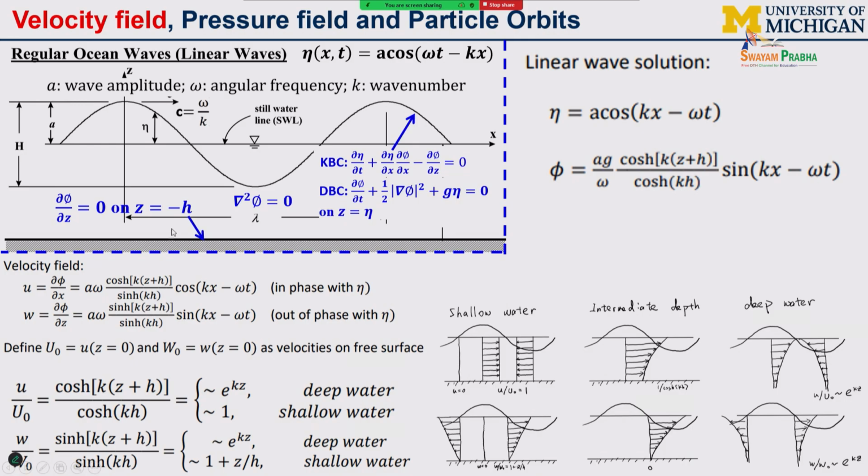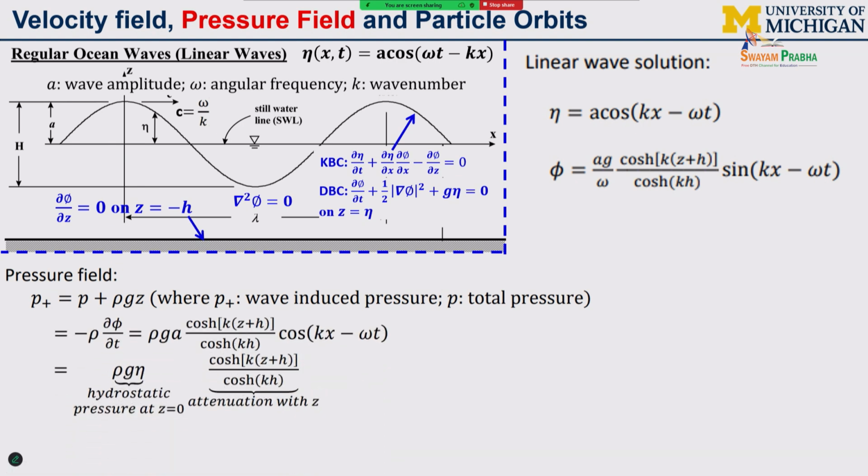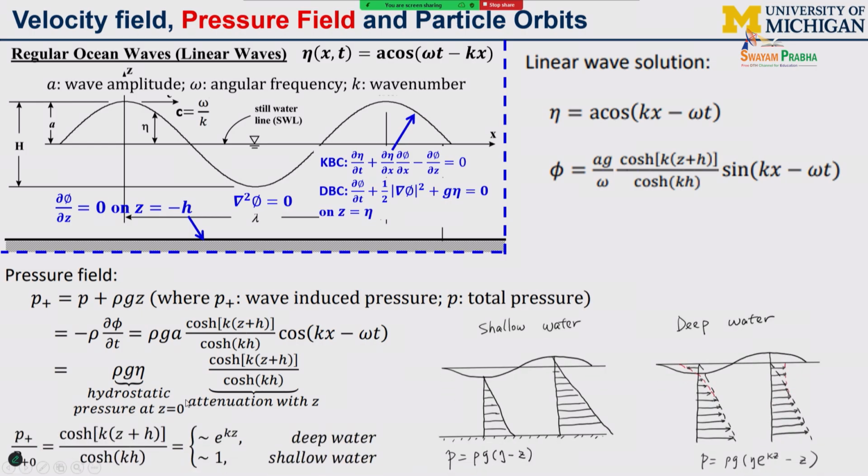This is the velocity field. Next is the pressure, right? Here you care about the dynamic pressure, not the static pressure, and you use the Bernoulli equation once you have the velocity field. I just gave you a conclusion. For shallow water, the pressure decreases linearly, right?